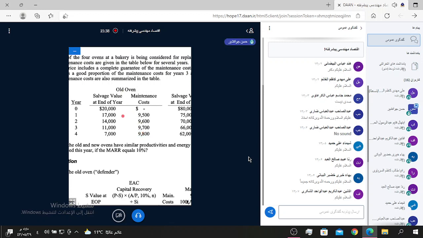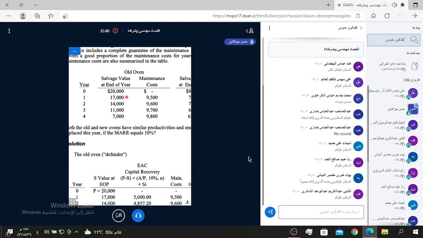For the old oven, we can suppose the salvage value at the end of year 0 equals P. We can suppose it is the initial investment again.